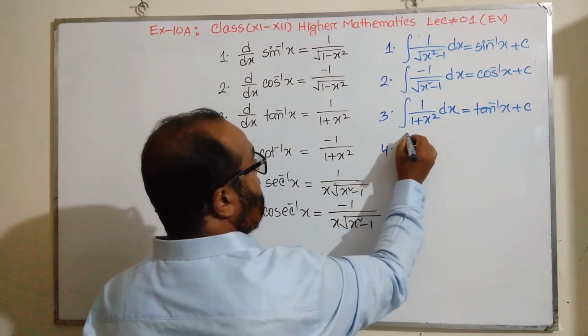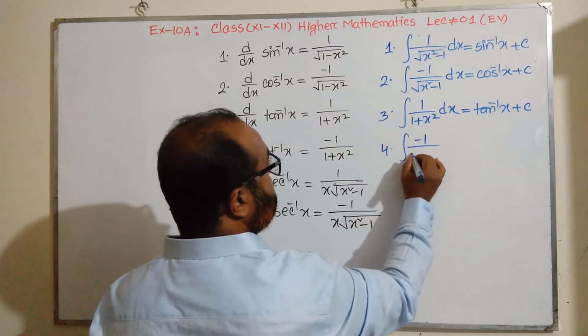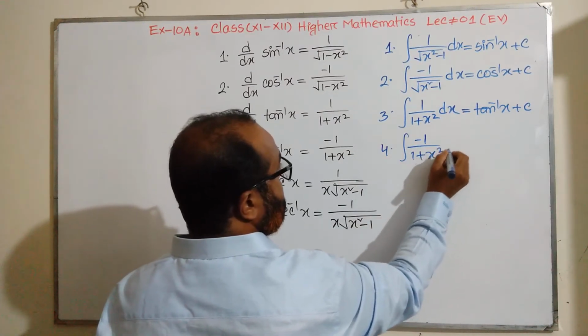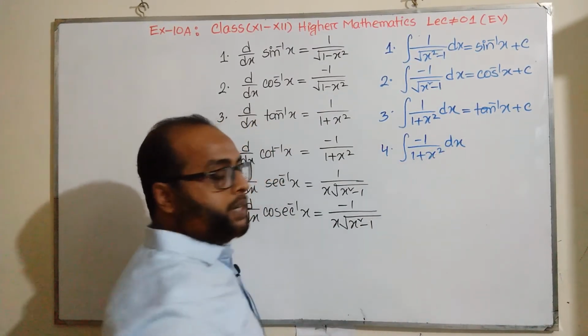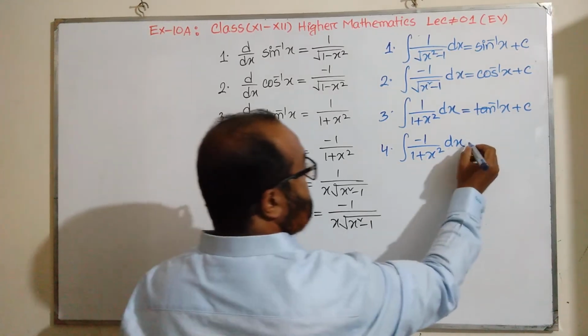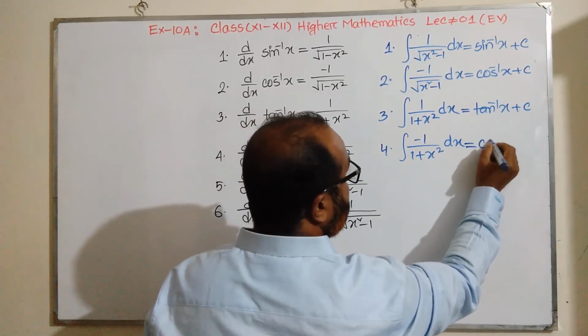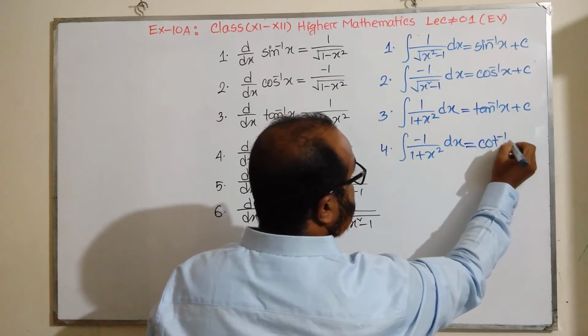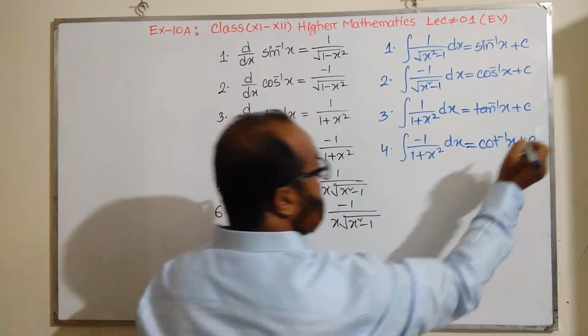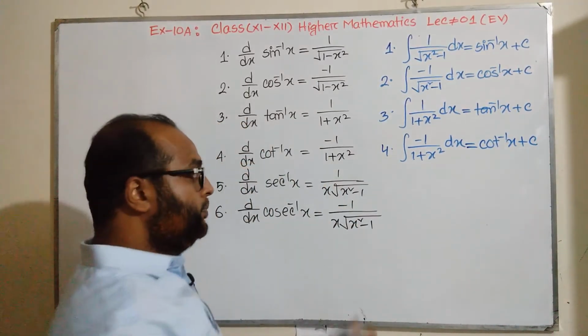Number 4, minus 1/(1 plus x square) dx equals cot inverse x plus c.